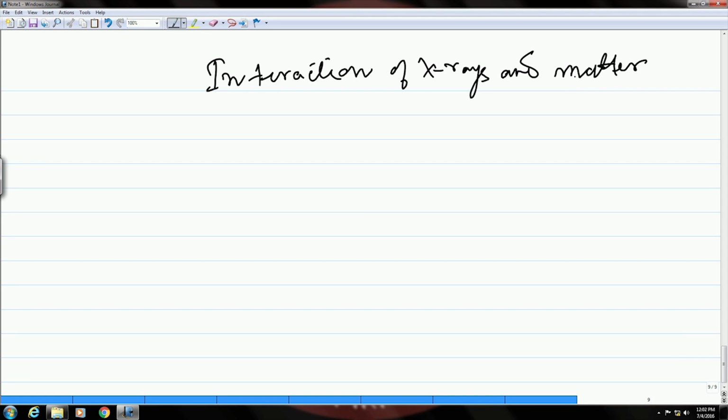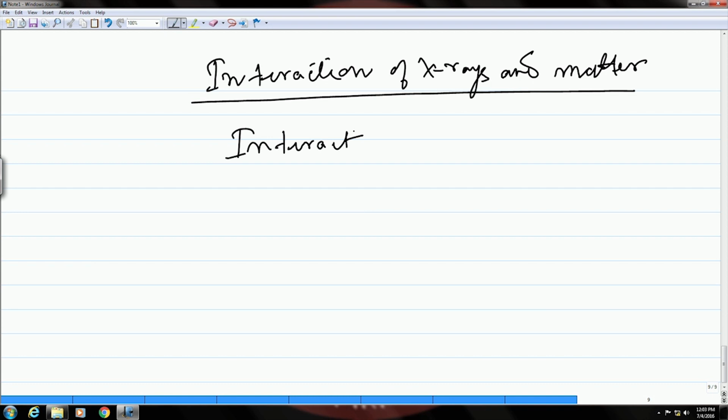And we all know that any substance is composed of atoms. So, that means when you say that X-rays interact with matter or a substance, it essentially means that the X-rays are interacting with the atoms when they are traveling through a substance.